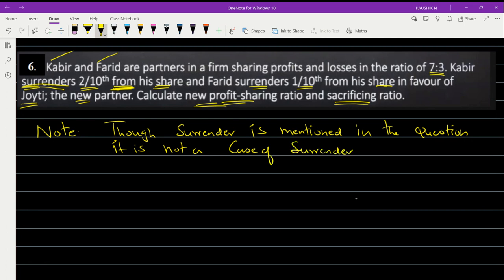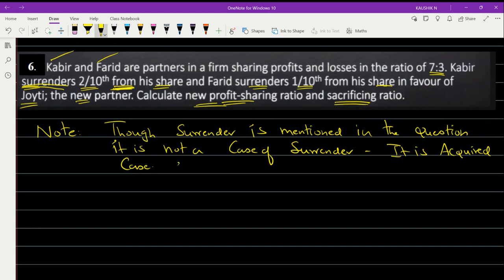It is not a case of surrender. Then what is it? It is an acquired case. What is the case? It is an acquired case. Okay.